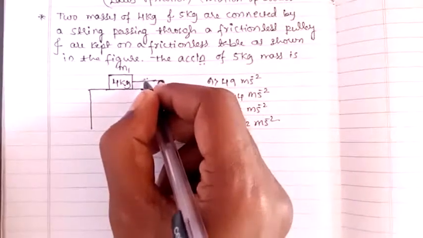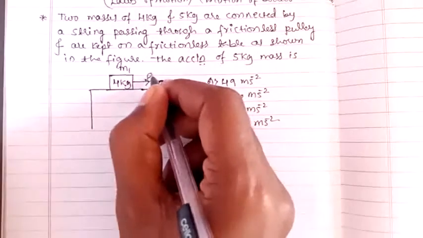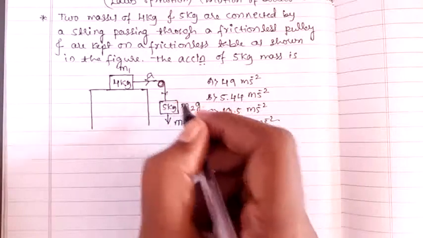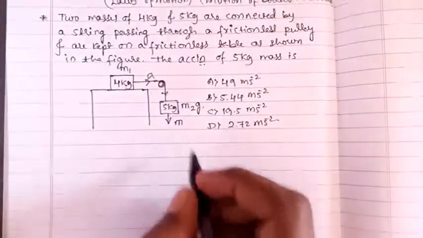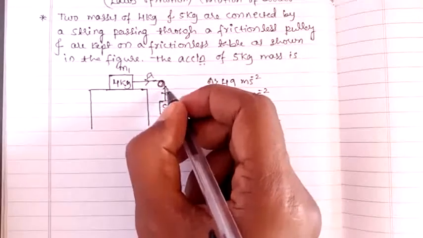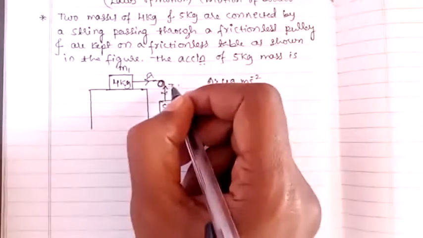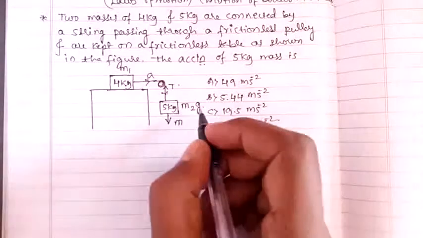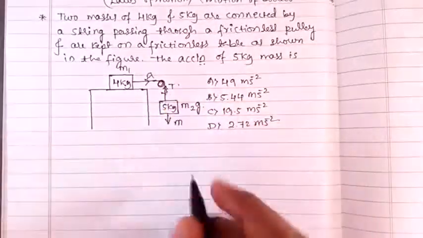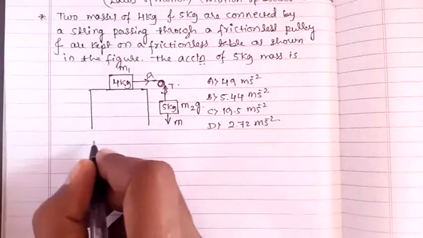Whatever acceleration is produced in the 4 kg, that much acceleration is produced in this 5 kg. Now let us take this force as tension. So we are going to find the acceleration.